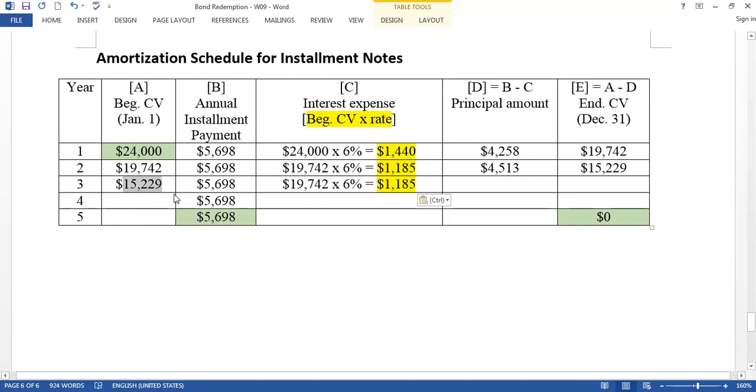How to calculate this expense? 6%, it is 914. We have remaining 4,784. This is the principal amount we paid. And after paying this principal amount, our liability is 10,445.